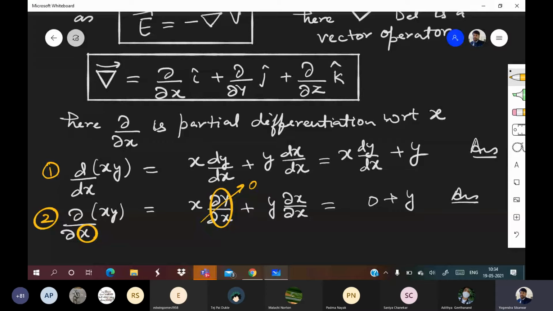So try to understand the meaning of partial differentiation. In partial differentiation, only the variable with respect to which you are differentiating will be treated as variable, and everything else will be treated as constant. So in the second method, y is treated as constant, x is treated as variable and it is differentiated. That is the meaning of partial differentiation.